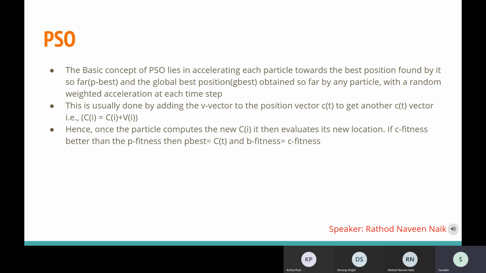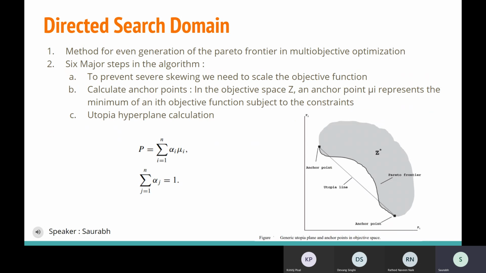After finding the updated position vector, the fitness value of that position vector will be evaluated, and if it is found to be greater than the fitness value of the global best obtained till that state from the initial state, then the global best value will be updated as that updated position vector.